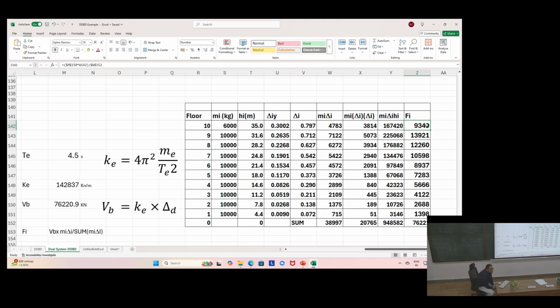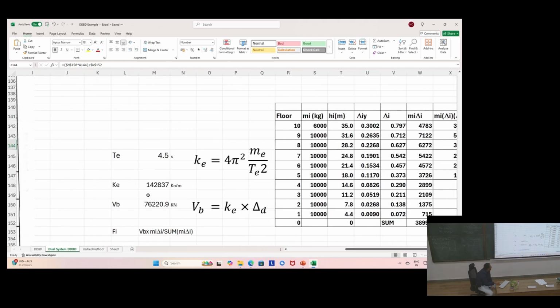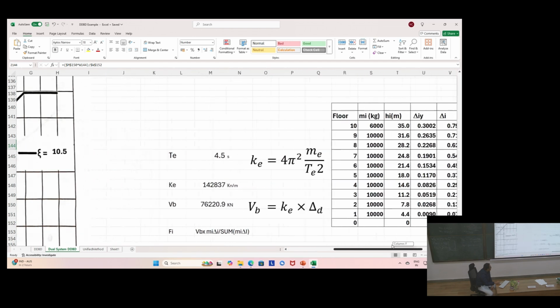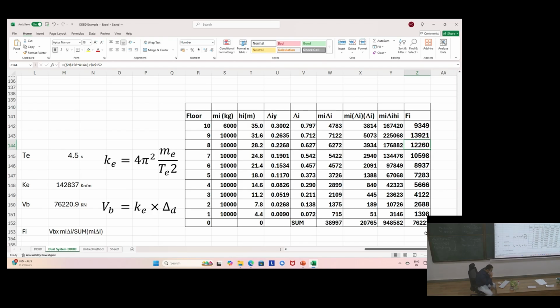Does that make sense? Is this part clear to everybody? The last one? You find VB from your KE. You find KE from your TE. You find TE from the displacement spectra. And once you find your VB, just distribute it along the story height to get the story shears.